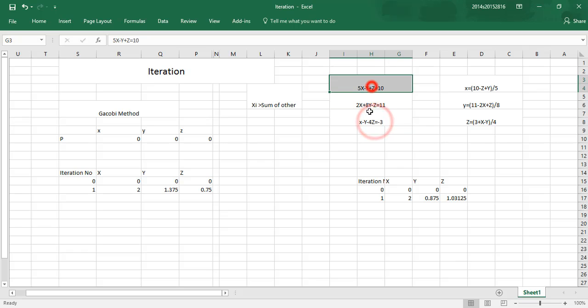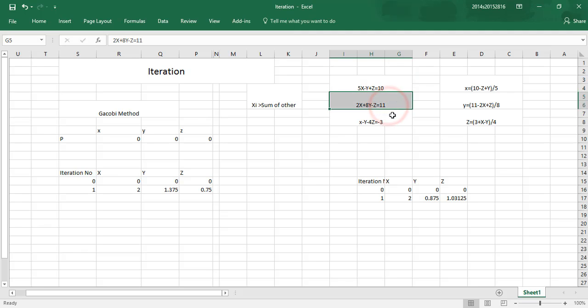But we have here a condition which controls the selection of the equation used to get each variable. As you see here, x comes from this equation, not this equation. The reason is that the coefficient of the x variable here is more than the absolute summation of the y and z coefficients.